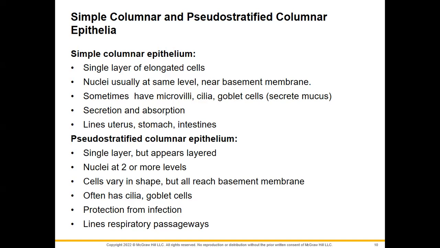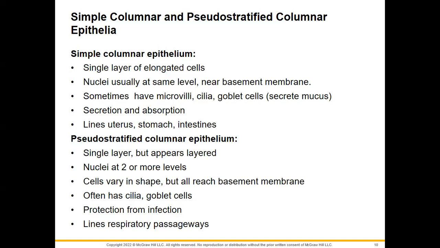The next cell is your pseudostratified columnar epithelium. Remember, pseudo means false, and stratified means more than one layer. So these are going to be the cells that look like more than one layer, but it's actually a single layer.